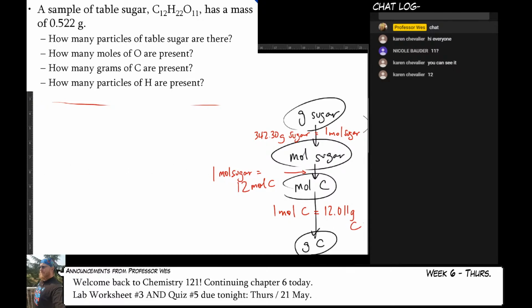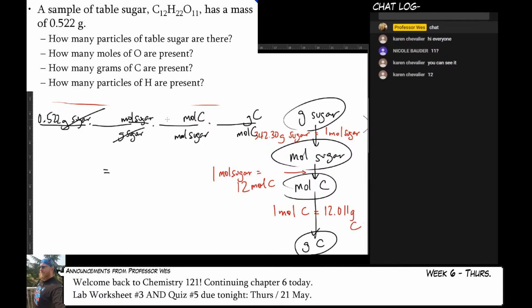All right, now we can do the problem. Set up the units just like before. And then we'll turn moles of sugar into moles of carbon. And then we'll turn moles of carbon into grams of carbon.